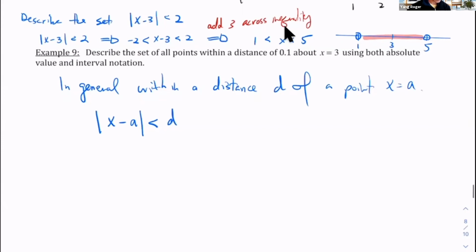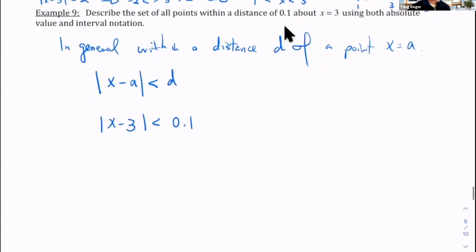In this particular case, we're just going to substitute the values that we have. So we're going to have the absolute value of x minus 3 is less than 0.1. And then we can now set up the compound inequality. So that's the same thing as saying x minus 3 is between negative 0.1 and positive 0.1, right?